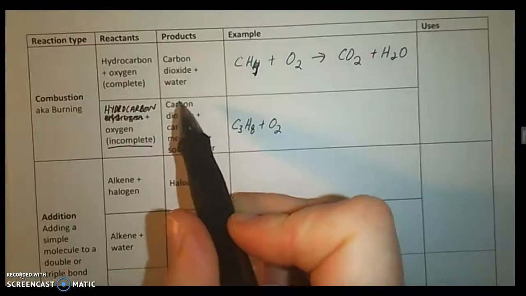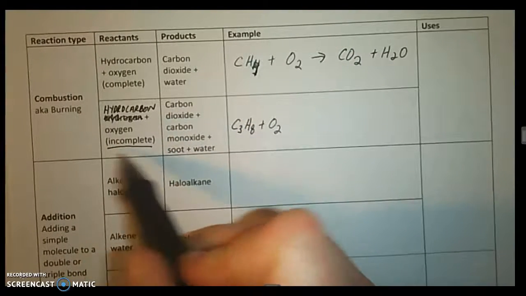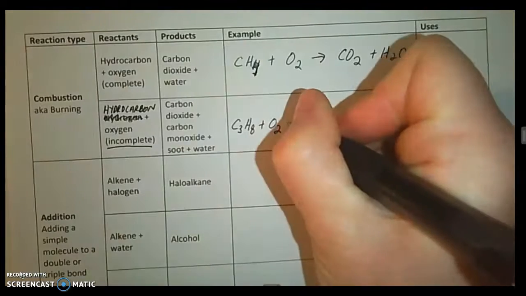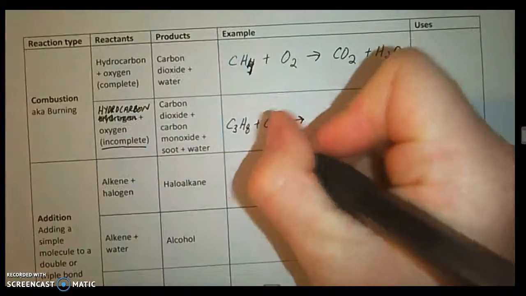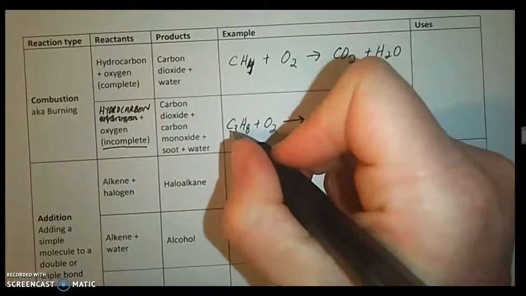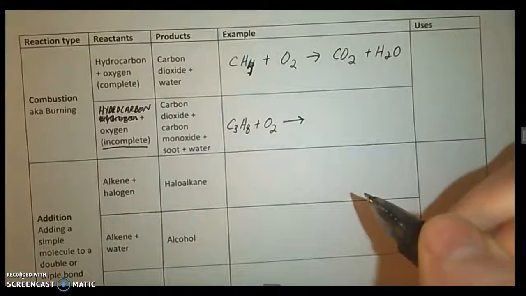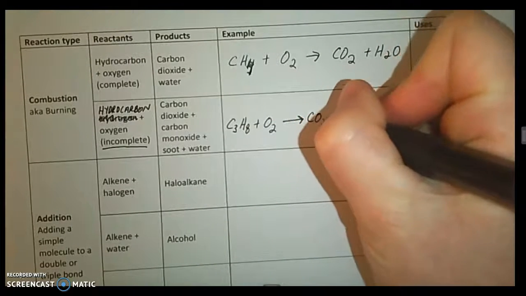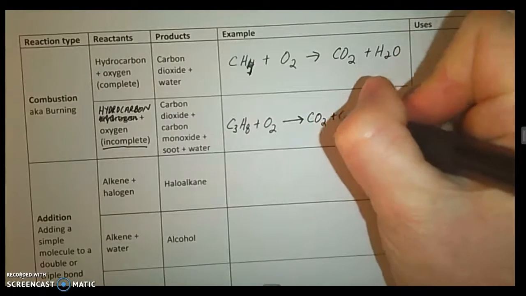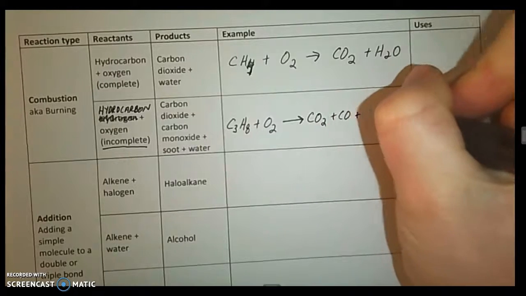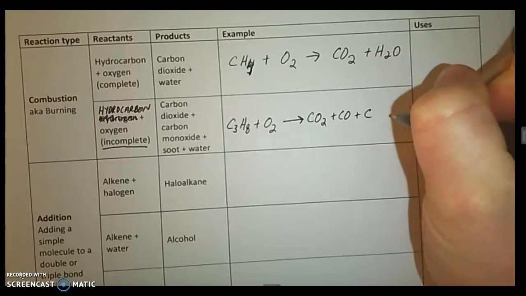But in an incomplete combustion reaction, you don't have quite enough oxygen for all of the carbon to end up as carbon dioxide. Okay, so you get some carbon dioxide, but you also get some carbon monoxide and some just pure carbon, which is what makes up soot.